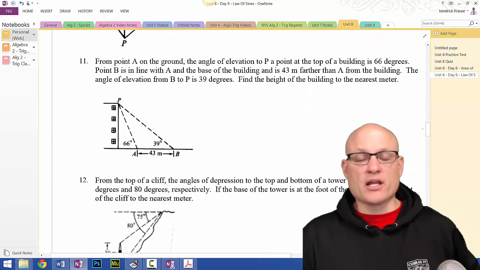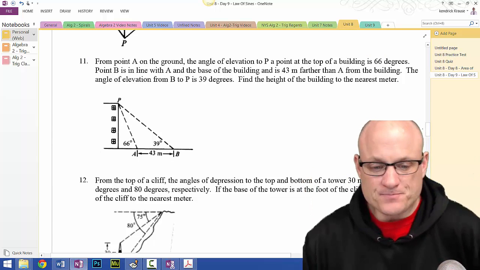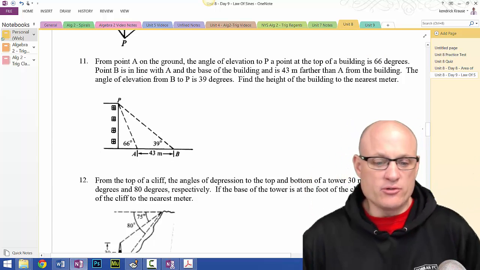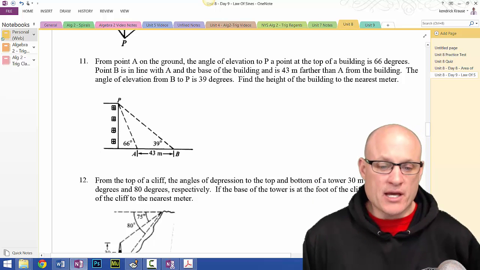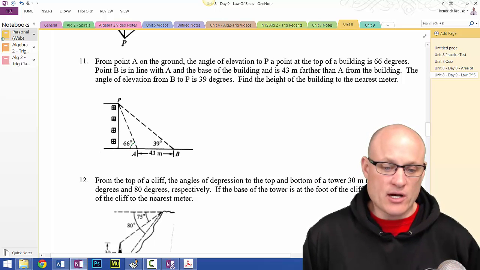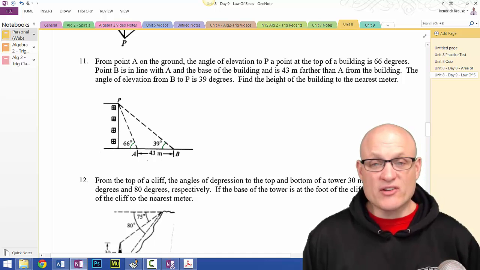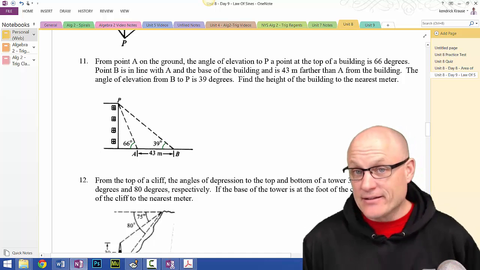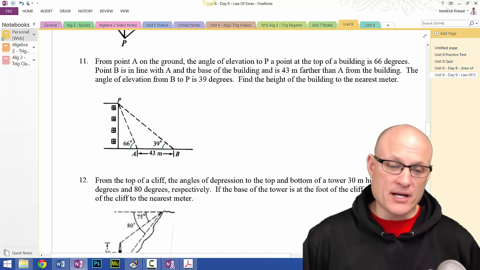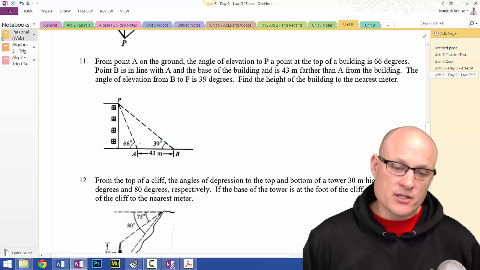Let me show you a more real life example, because this is another thing that you could do. You could stand on the ground and measure this angle here and see how high it is to the top of the building. Walk a certain distance away, measure that same angle, and with just that information, you can find the height of the building. But the trick is knowing a few things.